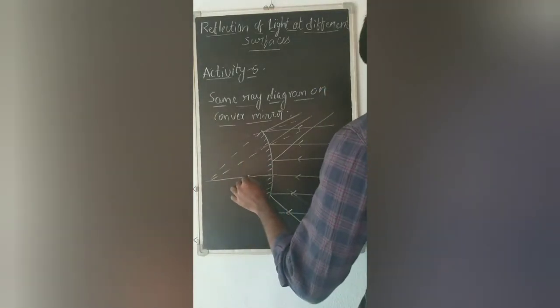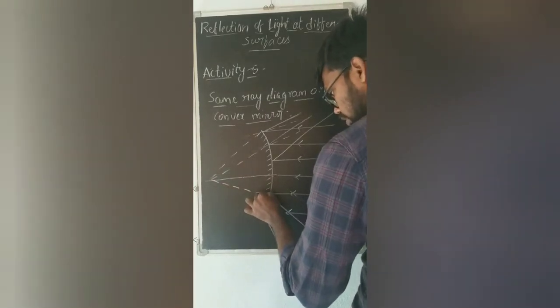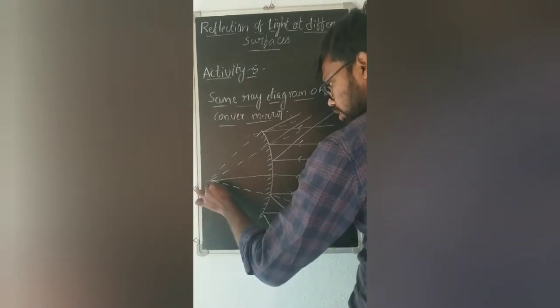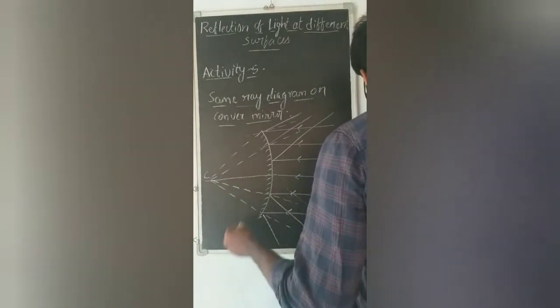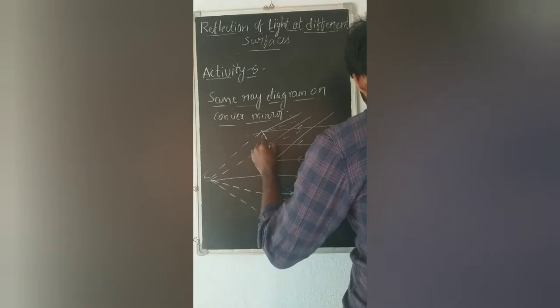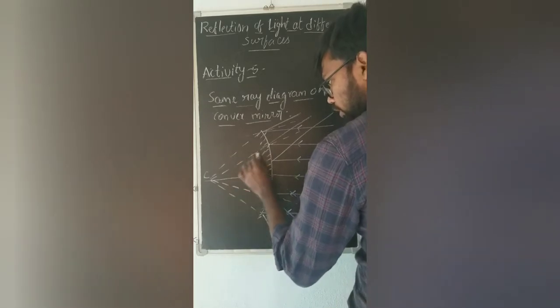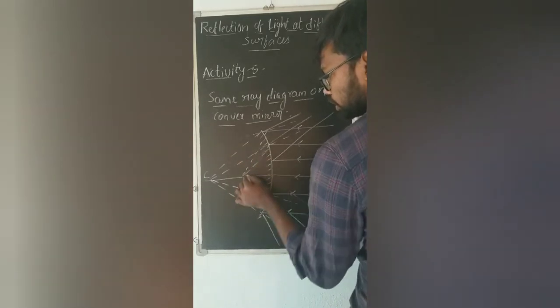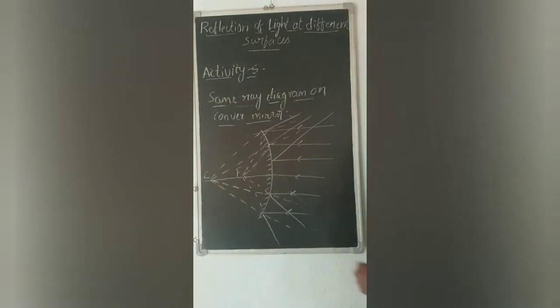The focal point will be at this position, F. Like this, for a convex mirror, images will be formed. Next one, lab activity.